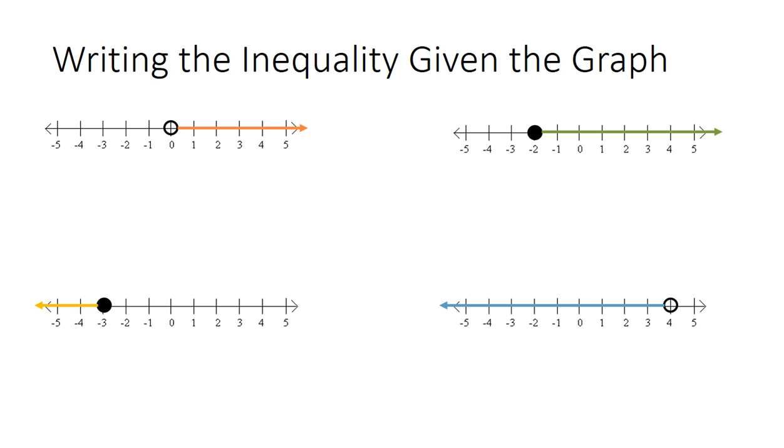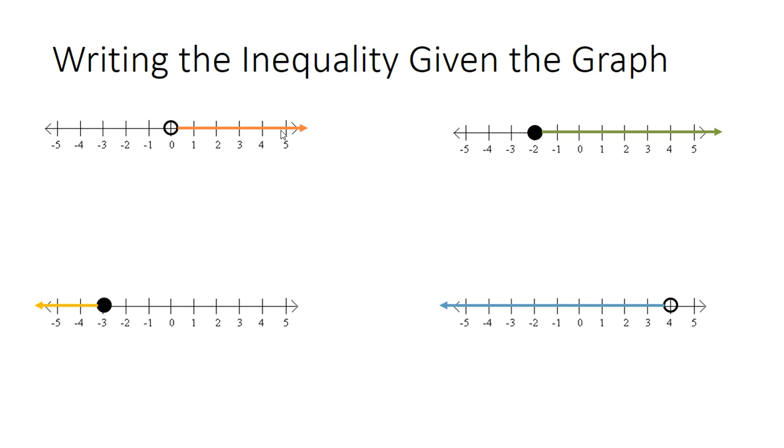So now let's look at how we're going to write the inequality given the graph. So first we want to look at where the circles are located. In this case, it's located at 0, and it's not shaded. It's not filled in, so it's an open circle, so it's either going to be less than or greater than. And then let's look at where the line's shaded.